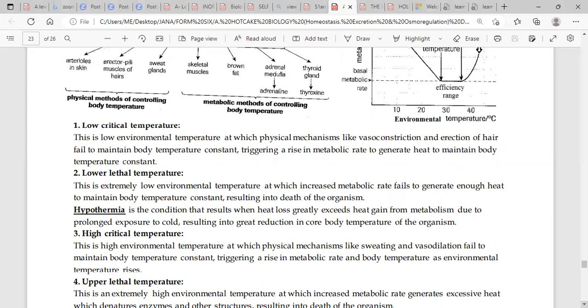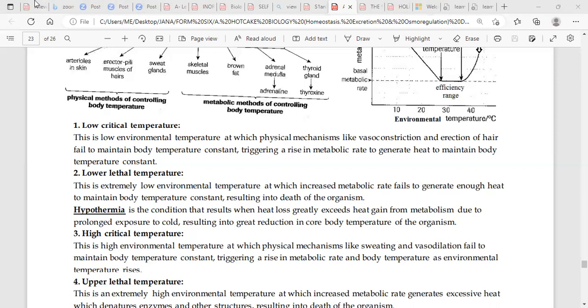Now, what happens is, once the physical mechanisms have failed, then the body resorts to physiological ones. And in this case, the basic physiological mechanism that we are having is increased metabolism. Once you have an increased metabolism in the body, then you have heat being generated.